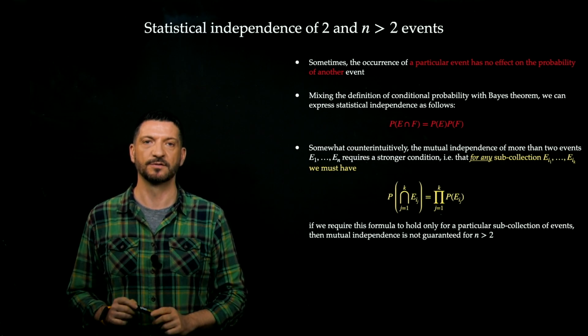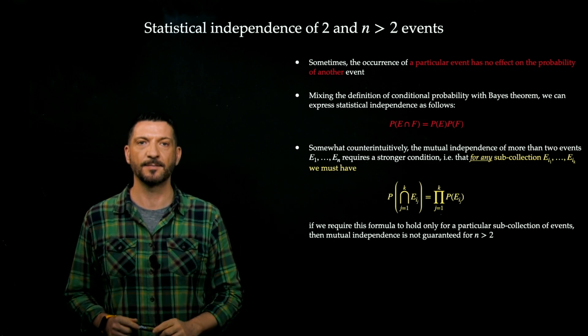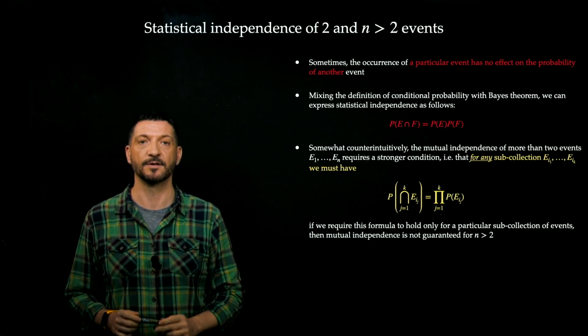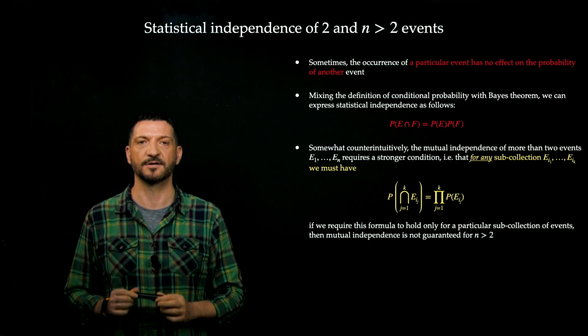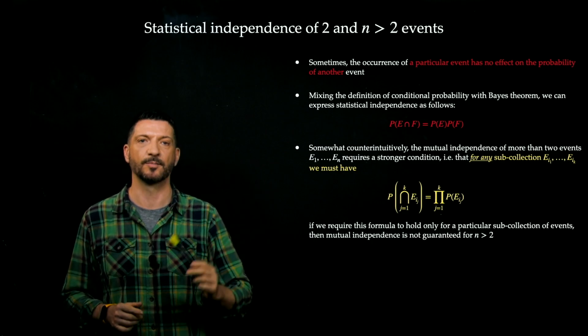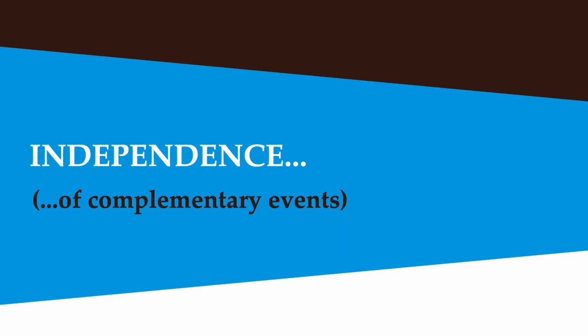Pay attention to the fact that we are not saying that if there exists a subcollection of events such that this formula holds, then the events are statistically independent. We are saying that for every subcollection of events, this formula must hold.